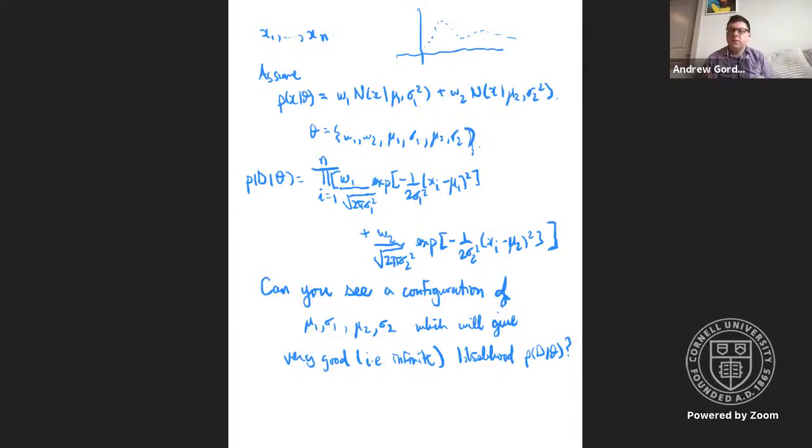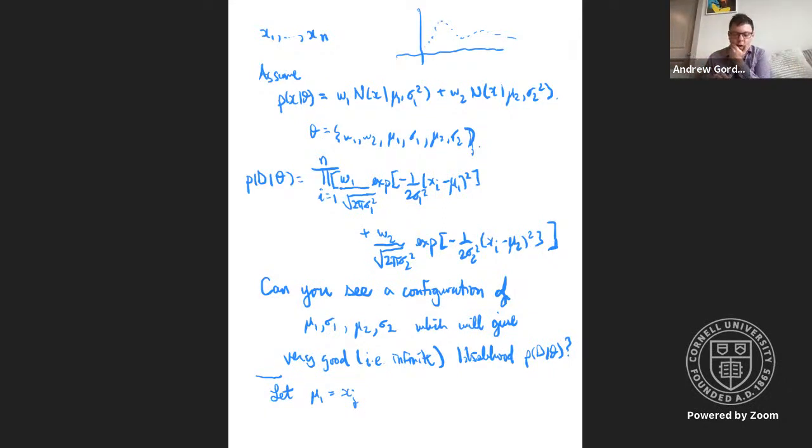Well, I don't know. Let's sort of unpack this. So with this product of terms, let mu1 equal one of the points that we observe. Let's say xj, where xj is just some point in this collection of data points that we've observed.